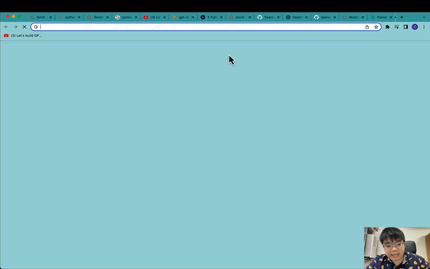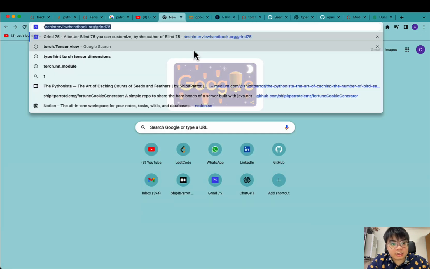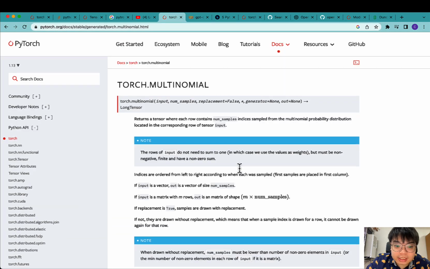Let's quickly take a look at the torch.multinomial function signature.